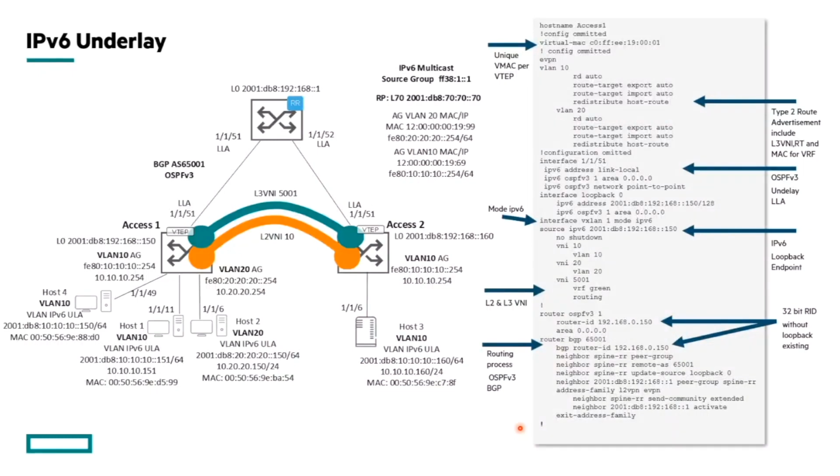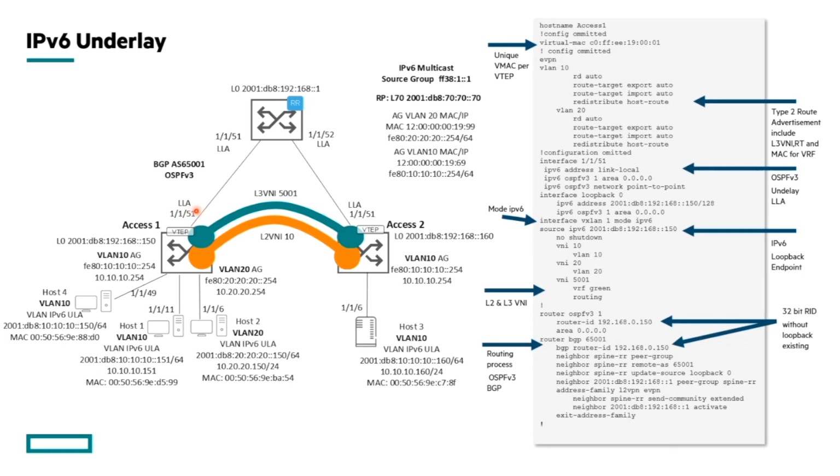The first thing that's different is we've got an OSPF version 3 underlay, and you'll notice that I've not actually got an IP address on the link from my leaf to spine. I'm using a link local address that is self-generated by the switches themselves. So that's the first difference, and that's what the LLA stands for, link local address.